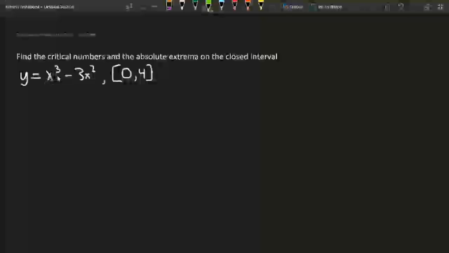Y equals x cubed minus 3x squared. So that means that y prime, also known as the derivative of y, is equal to 3x squared minus 6x. So the second step now was to find the critical numbers. In order to find the critical numbers, we have to set y prime equal to 0.